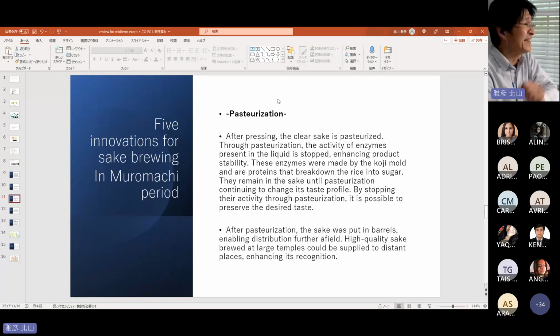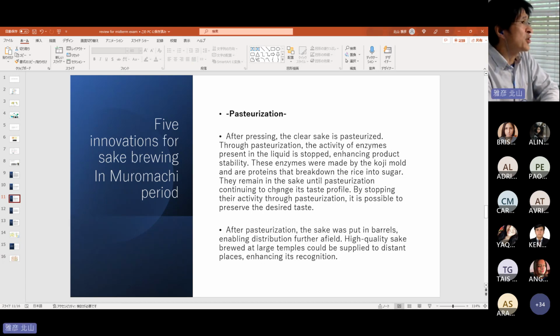Due to this technique, we can transport sake from the Osaka, Kyoto area to Tokyo, the Edo area, by ship. So this technique could prevent spoilage of sake. We can store sake for longer, or transport sake far from the producing area in Kyoto or Osaka or Kobe area.